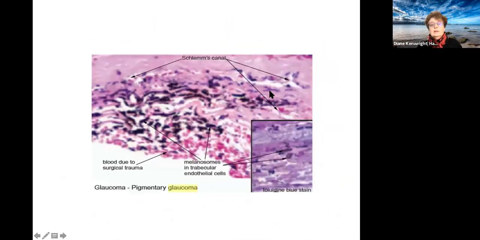Right. So pigmentary glaucoma, which is the one I was thinking of before, you get lots and lots of melanosomes here in the trabecular meshwork. Here they have done a Perls blue, but what it's showing up is the trabecular meshwork, the endothelial cells, whereas iron will be blue in the cells.